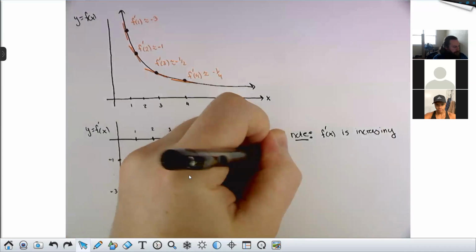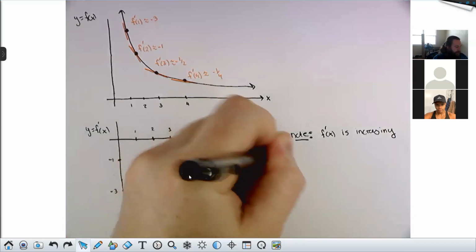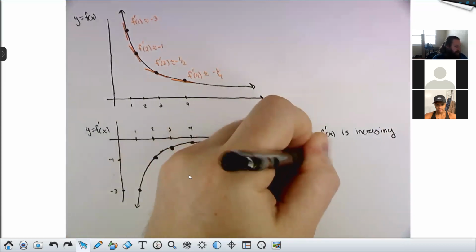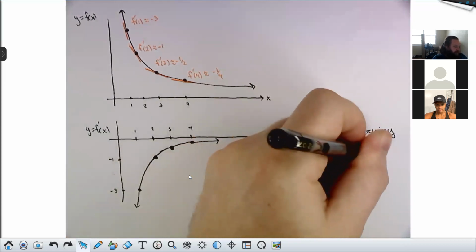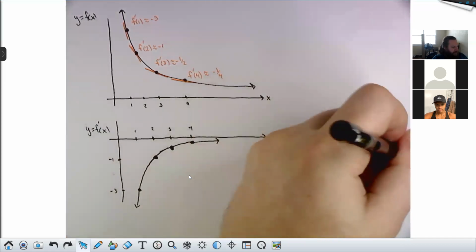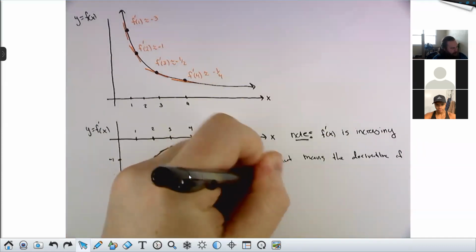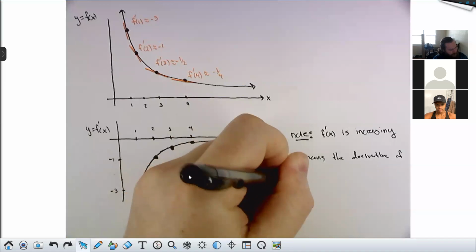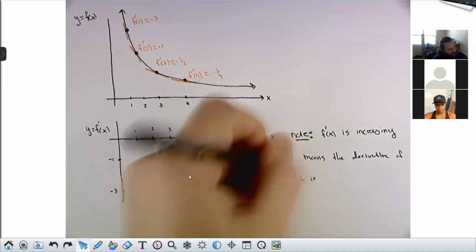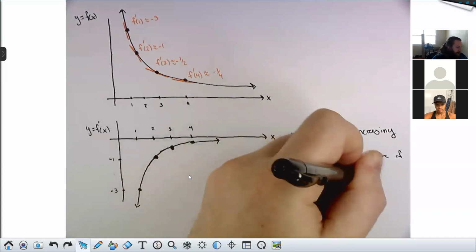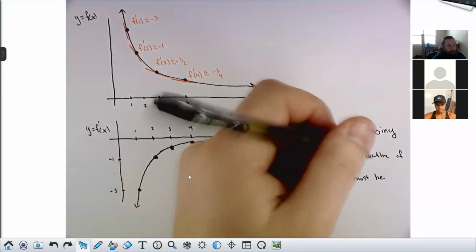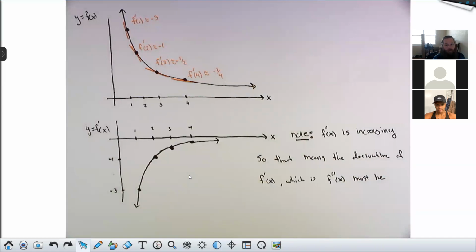So what would that tell me about f double prime? That means the derivative of f prime of x, which is f double prime of x, must be, if f prime is increasing, then what must be true of its derivative?